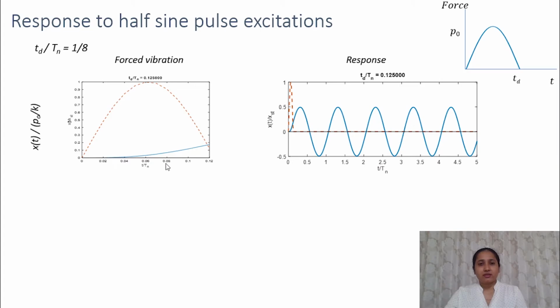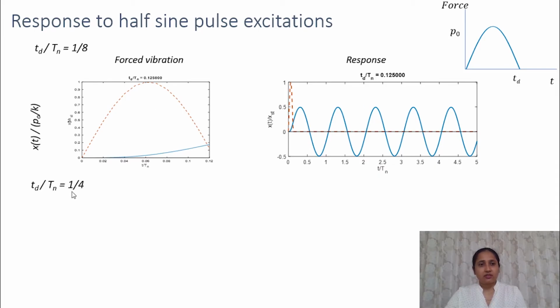As in the case of the rectangular pulse, here also when Td by Tn is 1 by 8, the dynamic response is much smaller compared to the static response. The dynamic response attains its maximum amplitude after the force ends, that is, during the free vibration phase.